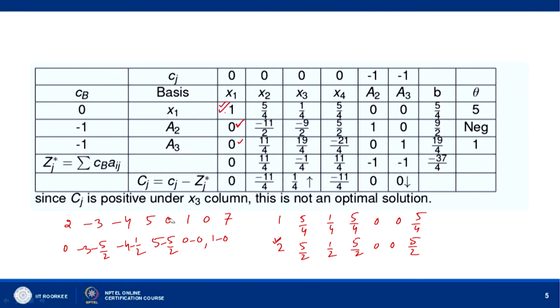This element will not be there. So, we have 2 minus 2 is 0, minus 3 minus 5 by 2, then minus 4 minus 1 by 2, then 5 minus 5 by 2, then 1 minus 0, then 0 minus 0, and then we get 7 minus 5 by 2.